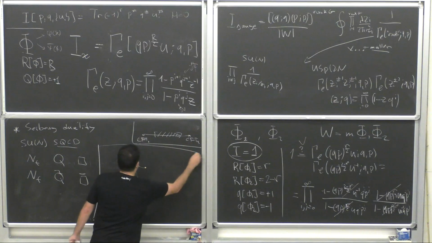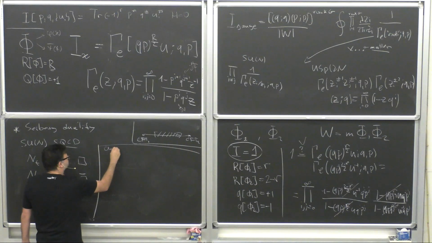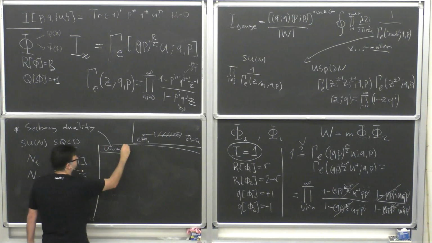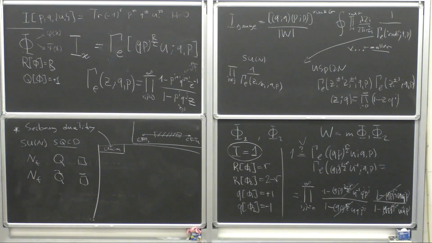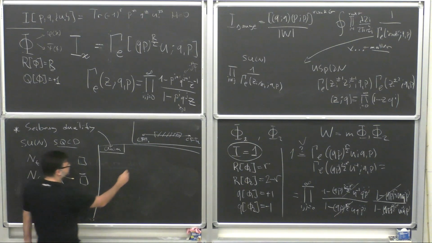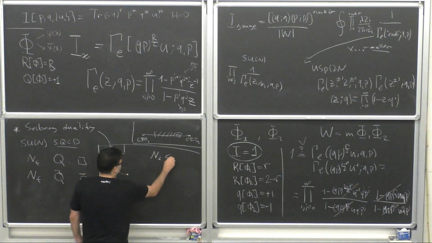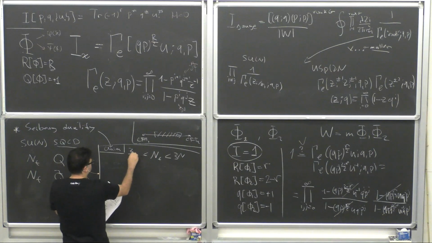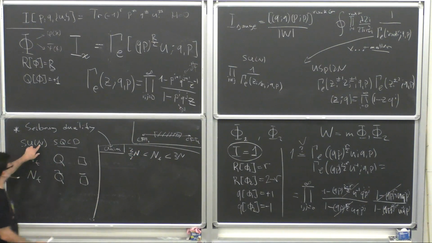And now let us discuss this claim of Seiberg. We will mention it, and then we will discuss what it means. So the claim is as follows. If you choose this NF parameter to be in a certain range, so if we choose NF to be smaller than 3N, but larger than 3/2 of N, okay, the N is the N entering this SU(N) gauge group.